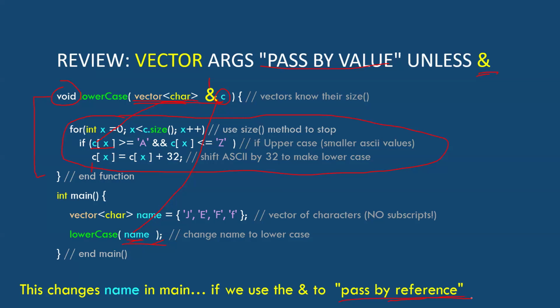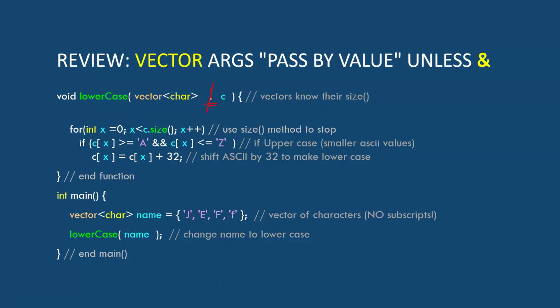So very often we'll see an ampersand before an argument in a function like that, and it's a clue that somebody is planning on changing that argument from the inside out. That function is probably intending to make some changes to that thing. Okay, so that is how we pass by reference, but otherwise it's just going to be a copy and it will be passed by value.